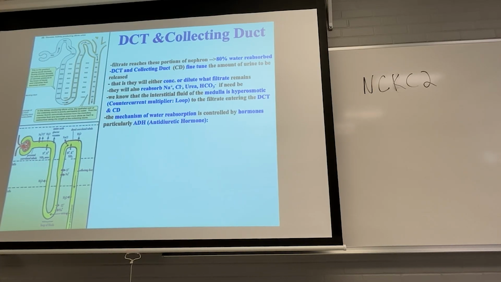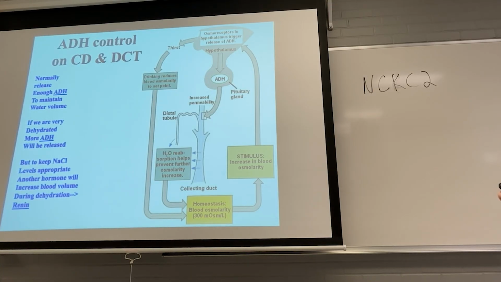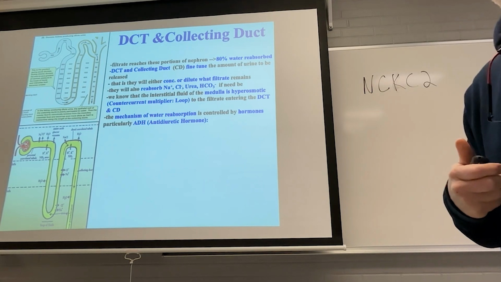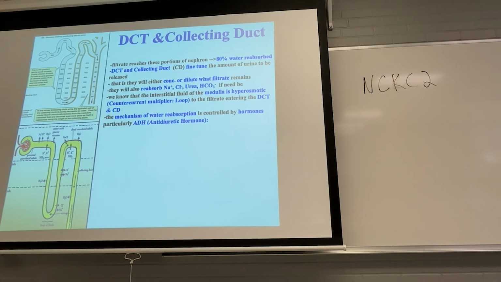Or if I'm the opposite and I don't drink water and I'm very dehydrated, then I can produce a urine that this number will go up. It'll go from 100 to 300 all the way up to as high as 1,200 milliosmoles, which is 4 times the hypertonicity of the blood supply.